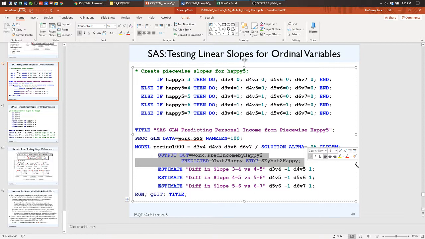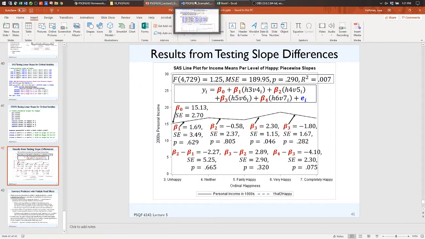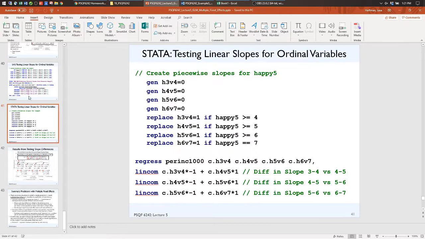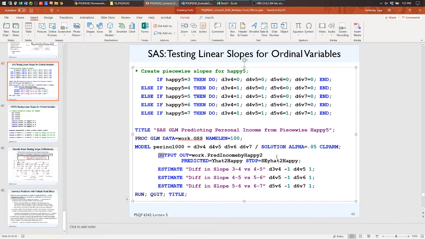What this is doing is taking your current data set, making a copy, calling it this, and adding 2 columns, the predicted income given a person's happy rating and the standard error of that prediction. I did that just so that I could make pictures. Okay. So you don't have to make pictures. So you can get rid of that. This wouldn't be necessary in any of the things that you need to do. The estimates are the only thing that would be necessary.